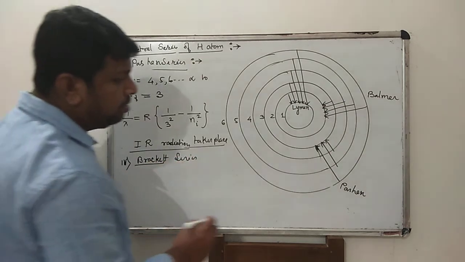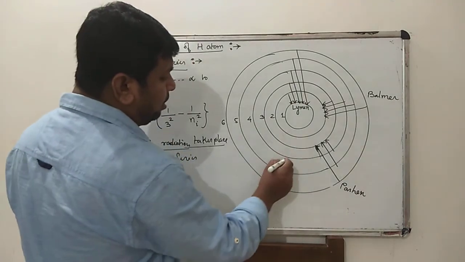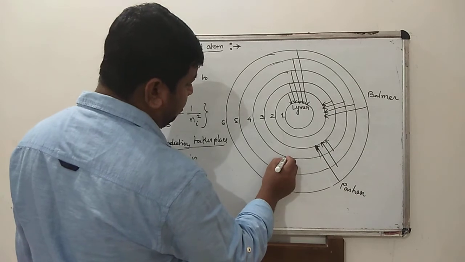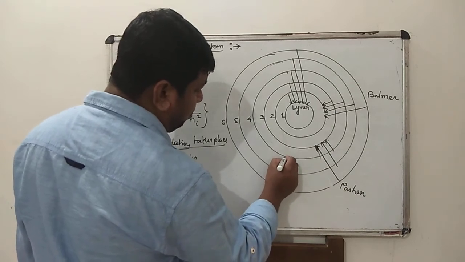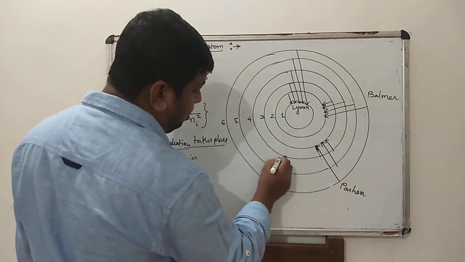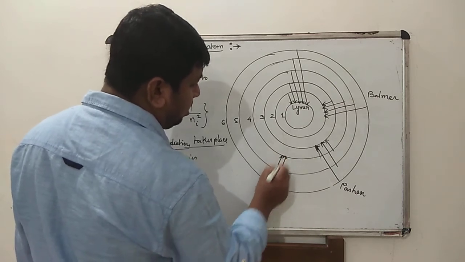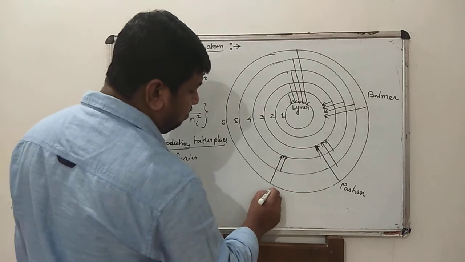Brackett series. Here the ground state becomes 4. That means these transitions occur from 5 to 4. Next, like this. This is Brackett.